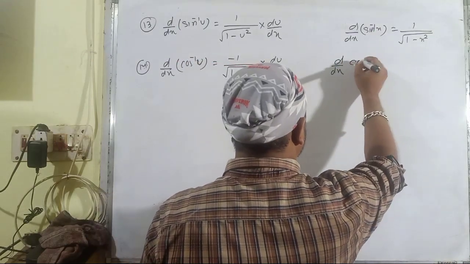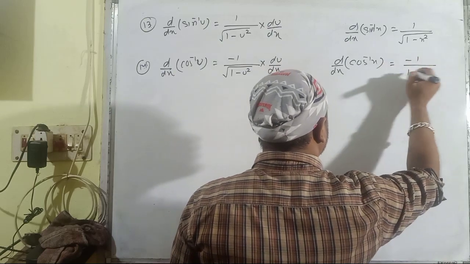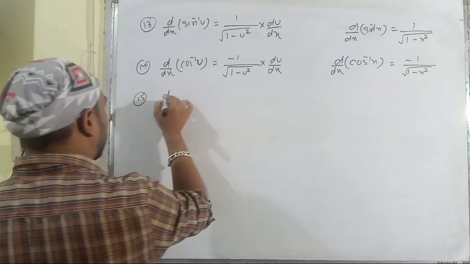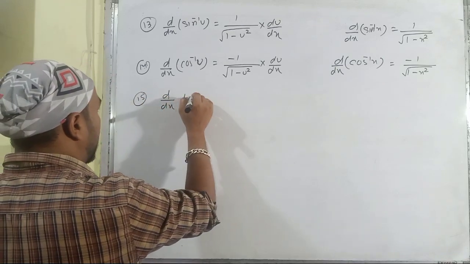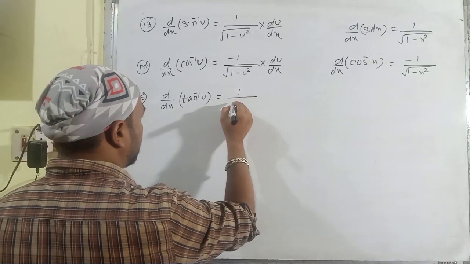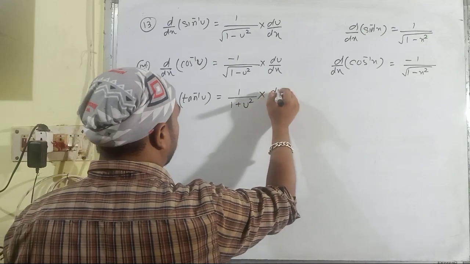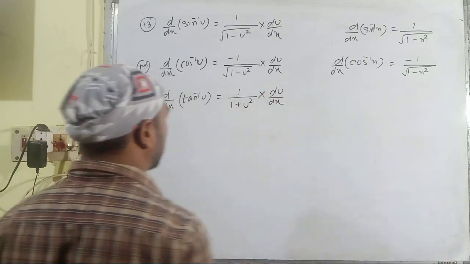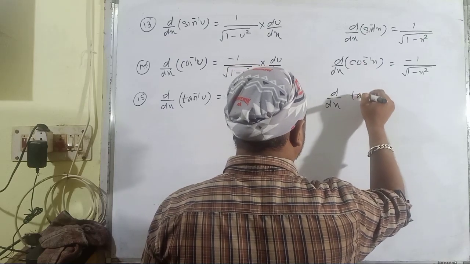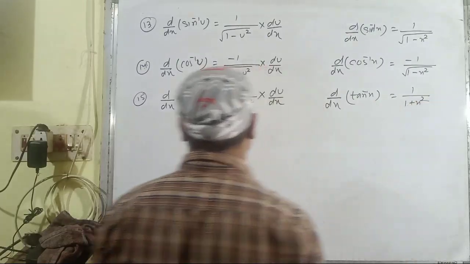Previously we know that differentiation of cos inverse x is minus 1 divided by square root of 1 minus x square. Number 15 is here: differentiation of tan inverse u is 1 divided by 1 plus u square multiplied with the differentiation of u with respect to x. Previously we know that differentiation of tan inverse x is 1 over 1 plus x square.